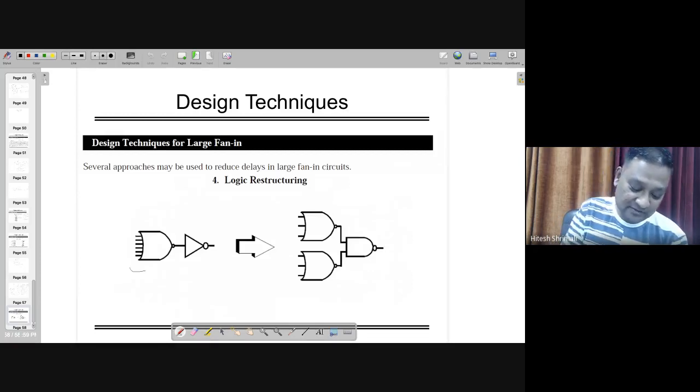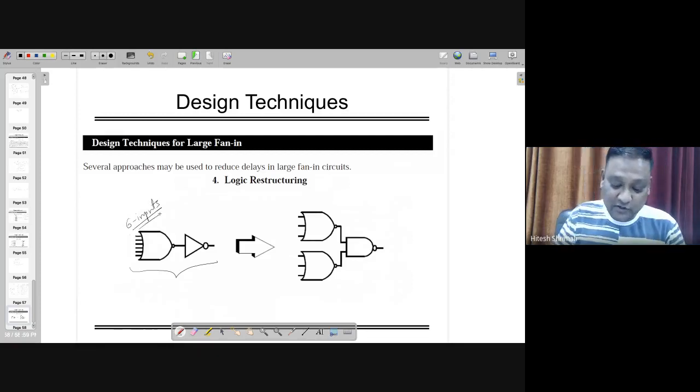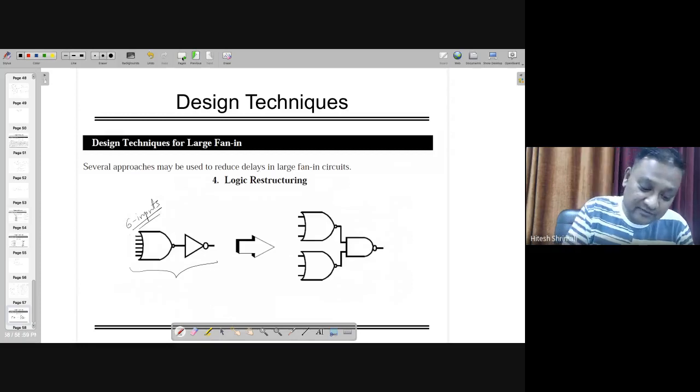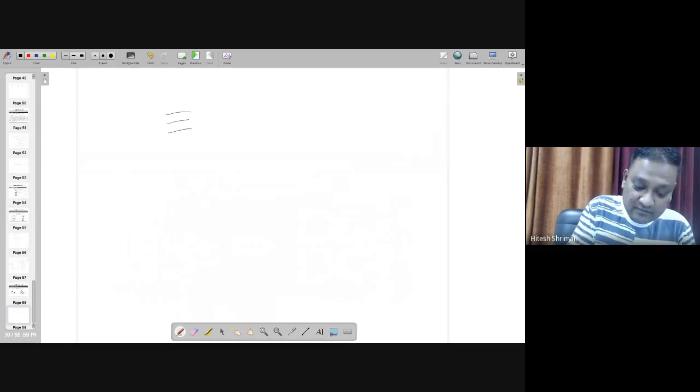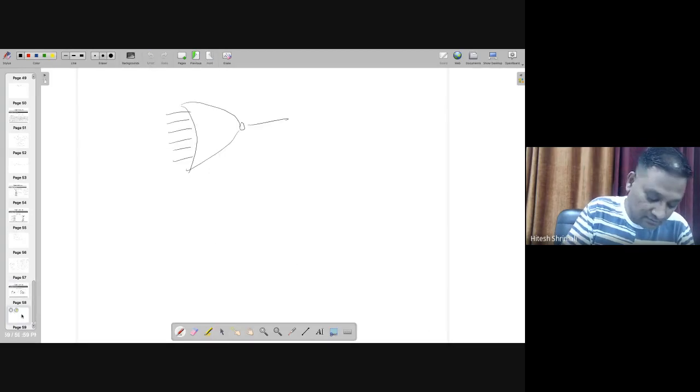Here the problem is, look, you are having 1, 2, 3, 4, 5, 6. There are 6 inputs. So when there are 6 inputs, these are not going to be the efficient one. So it's a big gate. Afterwards, NOT is kept.